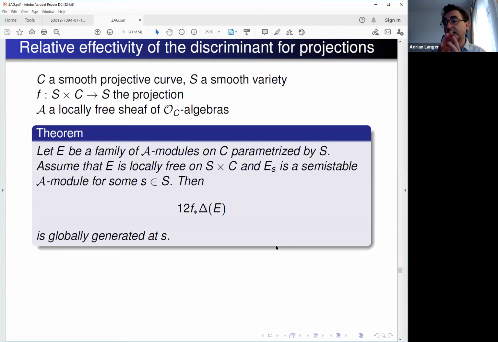So I will not tell you anything about the proof of this result, I think, except that it uses some things like determinant line bundles, a little bit of Grothendieck-Riemann-Roch formulas, and some generalizations of Faltings' results on vector bundles on curves.